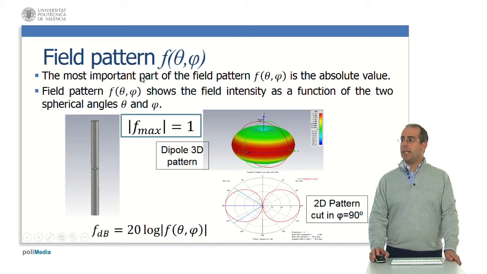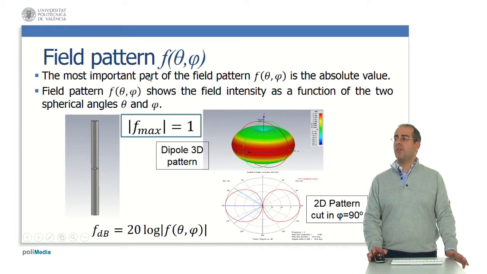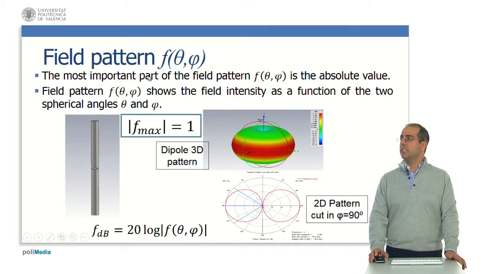The normalized field pattern, the most important part of the field pattern of an antenna, is the absolute value. So the field pattern shows the field intensity as a function of the two spherical angles, theta and phi. Here, for example, we have an example of a dipole, and we see here the field pattern in 3D of the dipole.